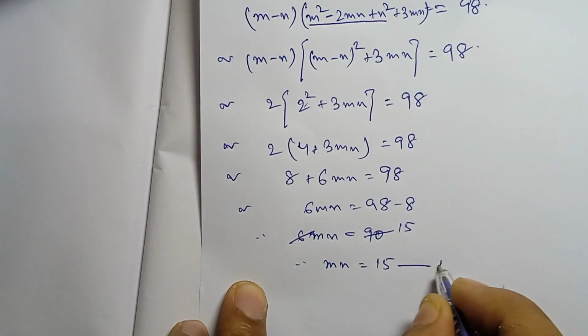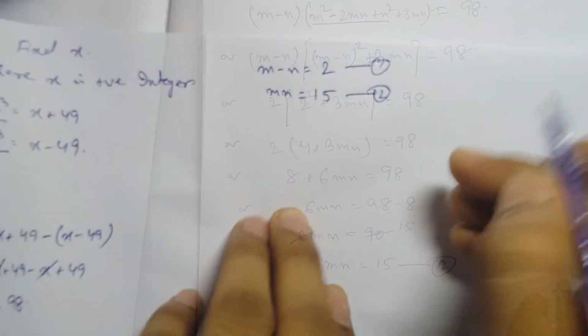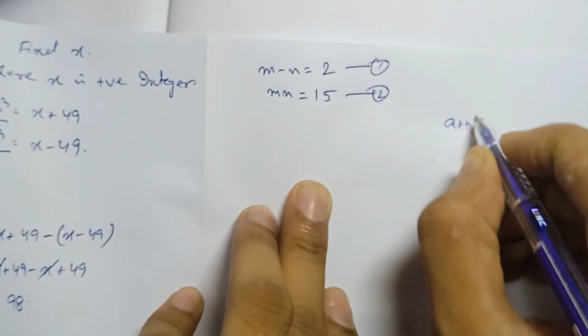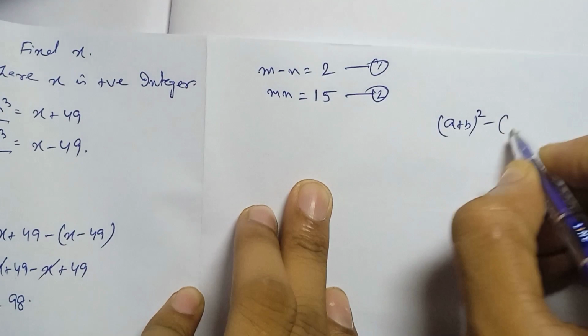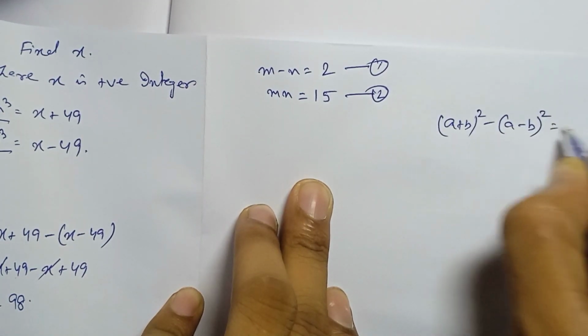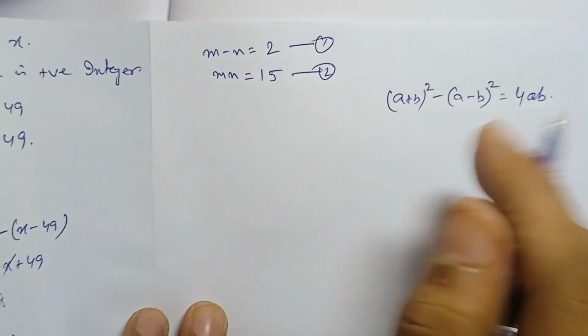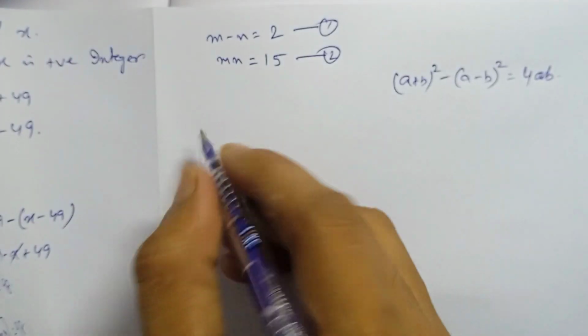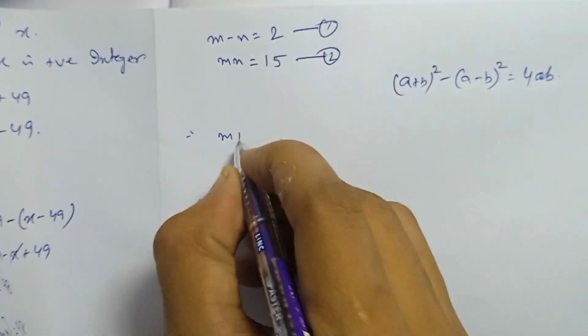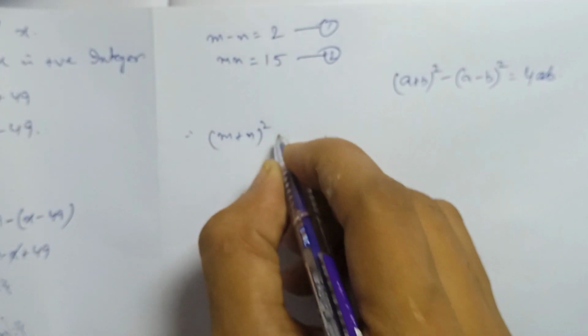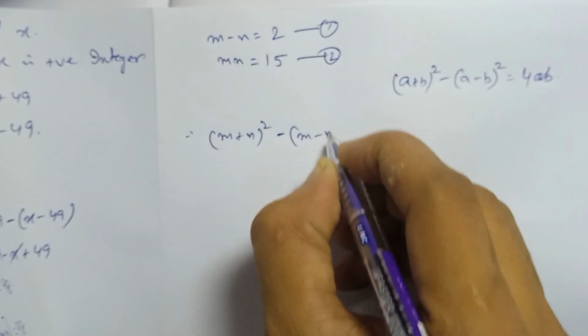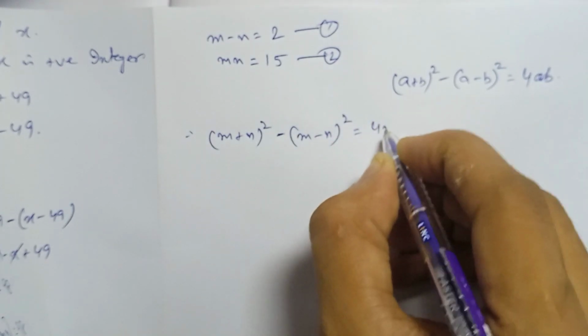This is the equation 2. We all know that a plus b whole square minus of a minus b whole square is equal to 4ab. Just apply this formula in the mn term. So therefore m plus n whole square minus of m minus n whole square is equal to 4mn.